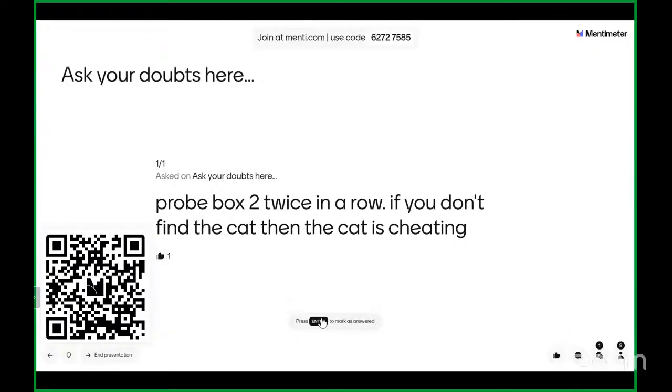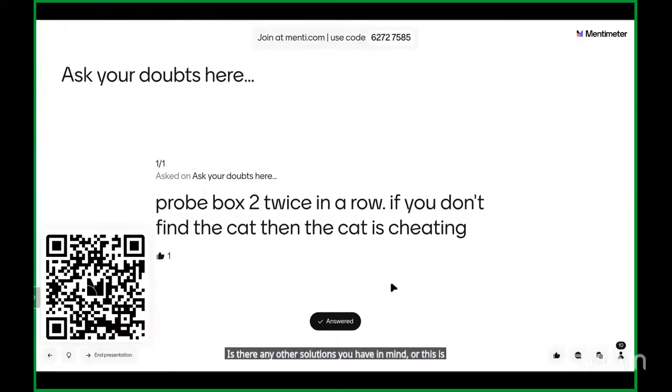Okay. Is there any other solution you have in mind, or is this it, just one? Or if you agree, you can say I agree with box two. I hope it is clear now.